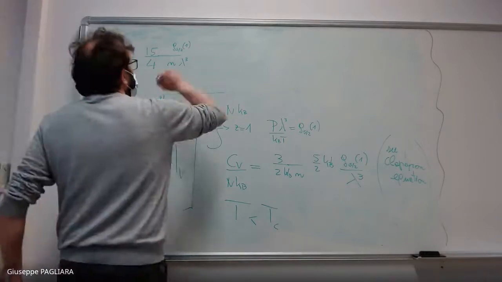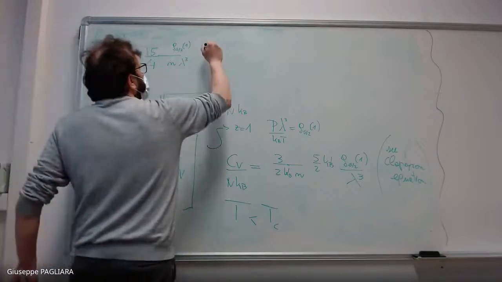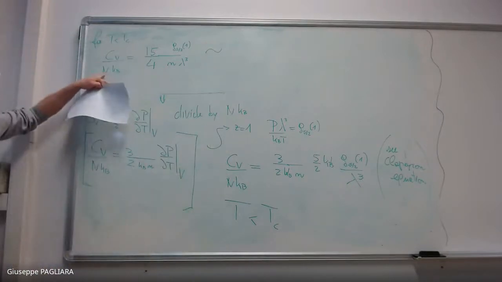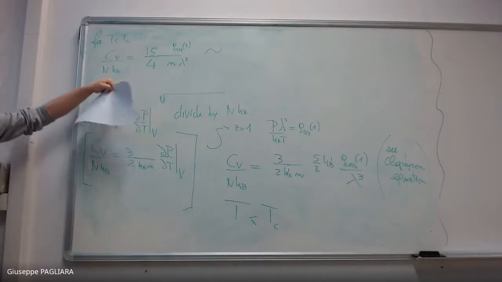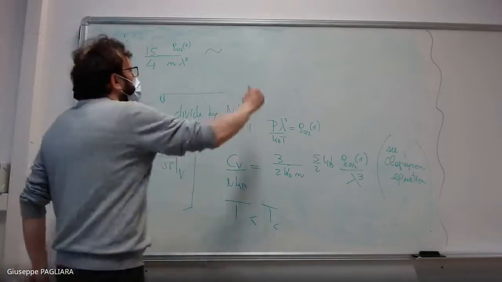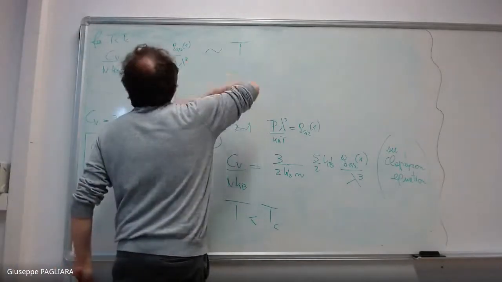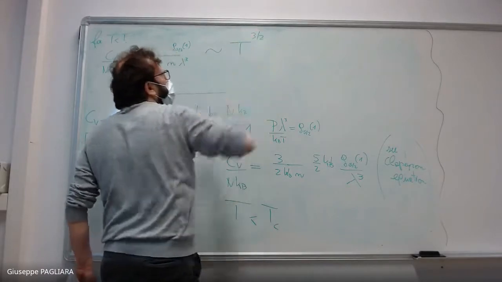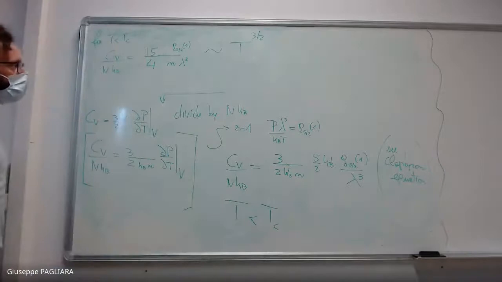Now, I see from here that the behavior of the specific heat per number of particles in terms of temperature is as a power of T to the 3/2. So it scales, when T is smaller than Tc, as T to the power of 3/2.